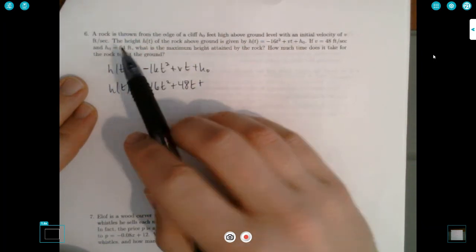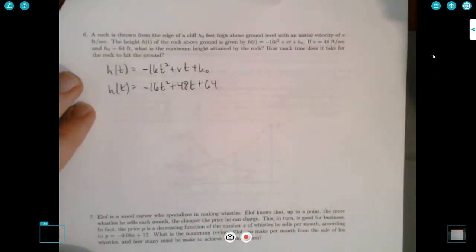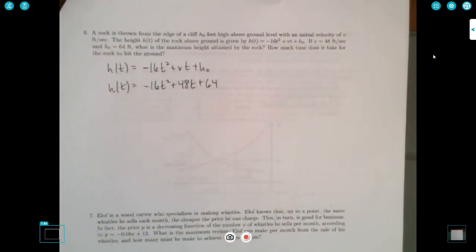And I know that h naught is 64. So that's the actual function, negative 16t squared plus 48t plus 64. And we're asked what's the maximum height attained by the rock and how much time does it take for the rock to hit the ground.